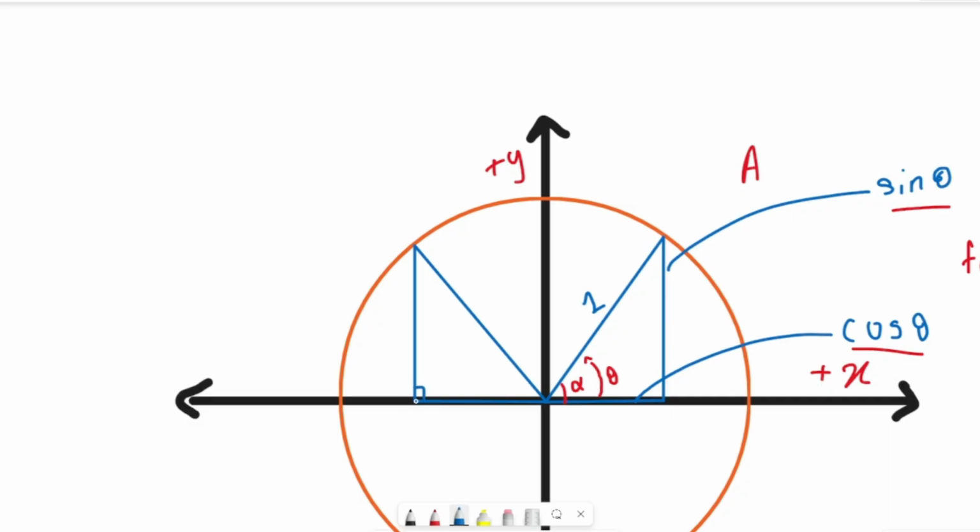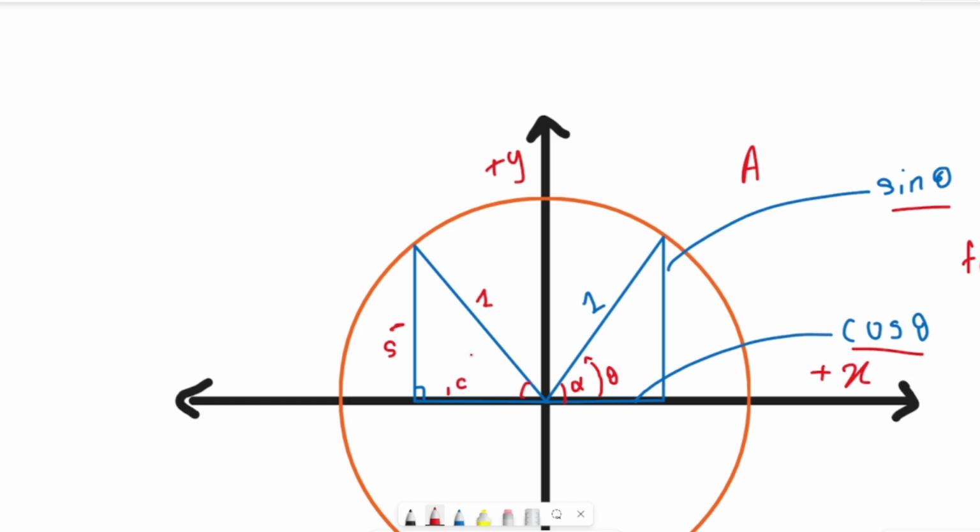I'm not going to label the adjacent and the opposite each time, but we know that this is sine theta and this is cosine theta, right? So notice here I marked this as the basic angle. So the basic angle of this triangle and this triangle are going to be the same because this is also 1, this is also sine theta, and this is also cosine theta. So I'm going to mark this as the basic angle.